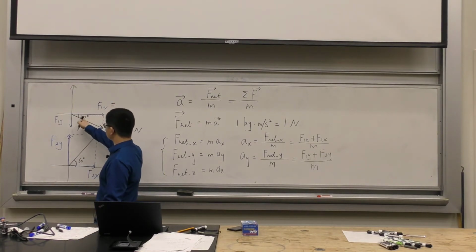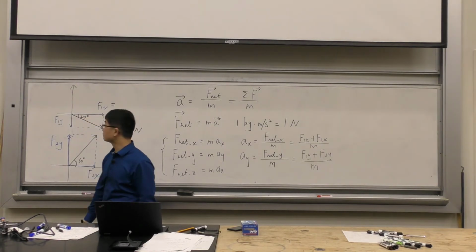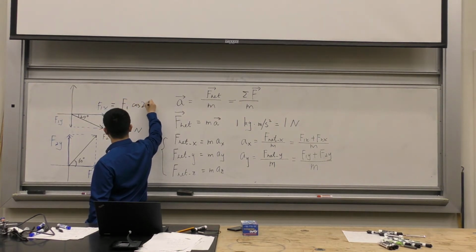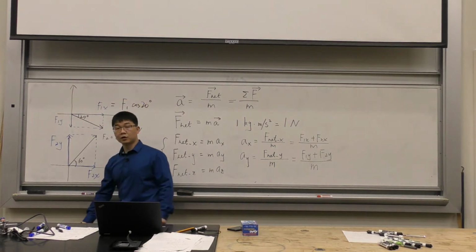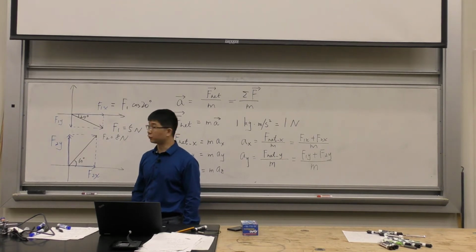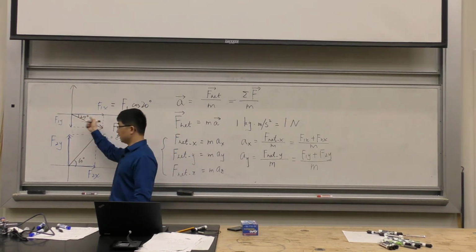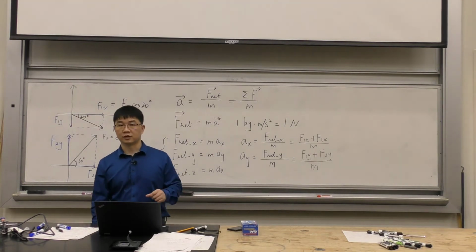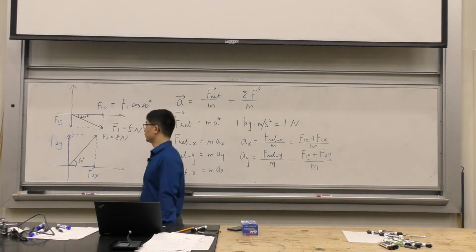Well, it's adjacent to this angle, 20 degrees the problem gives me. So I'm going to write down cosine 20, that's adjacent. And then take a look at the direction of this component, to the right in the positive X direction. So I'm going to call this component positive. That's how I distinguish left and right.